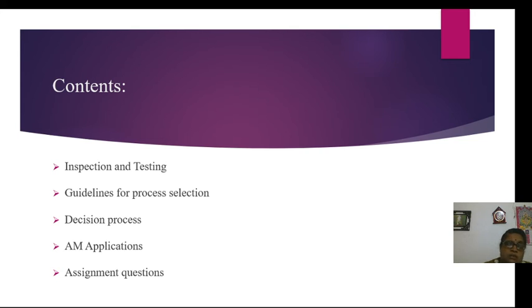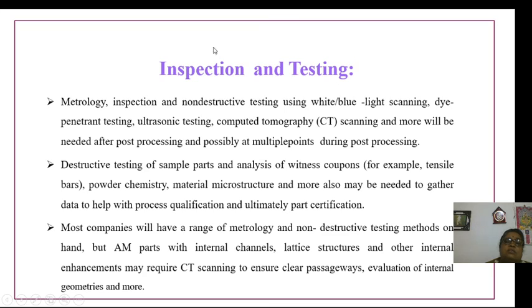These are inspection and testing methods, that is metrology inspection, non-destructive testing, say white or blue light scanning, dye penetrant test, ultrasonic testing, and CT scanning, which will be needed to identify the internal defects. CT scanning is very important to identify defects in the internal channels.